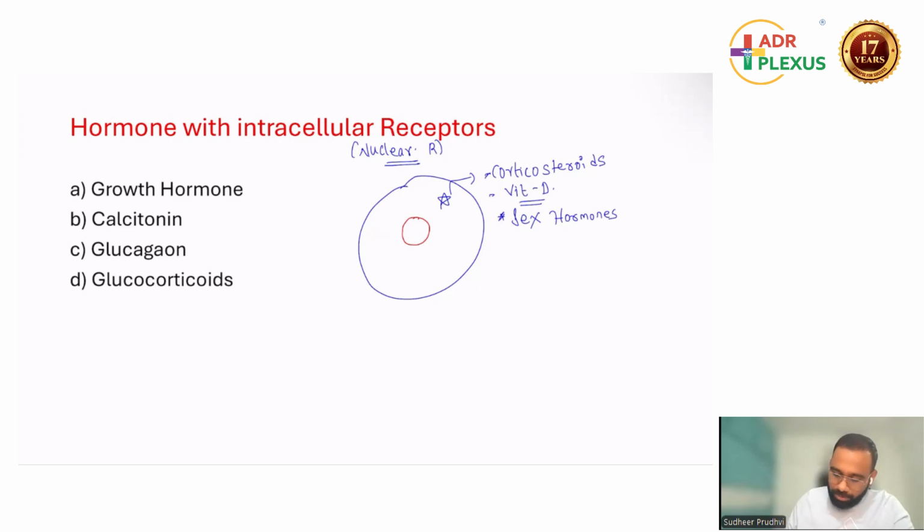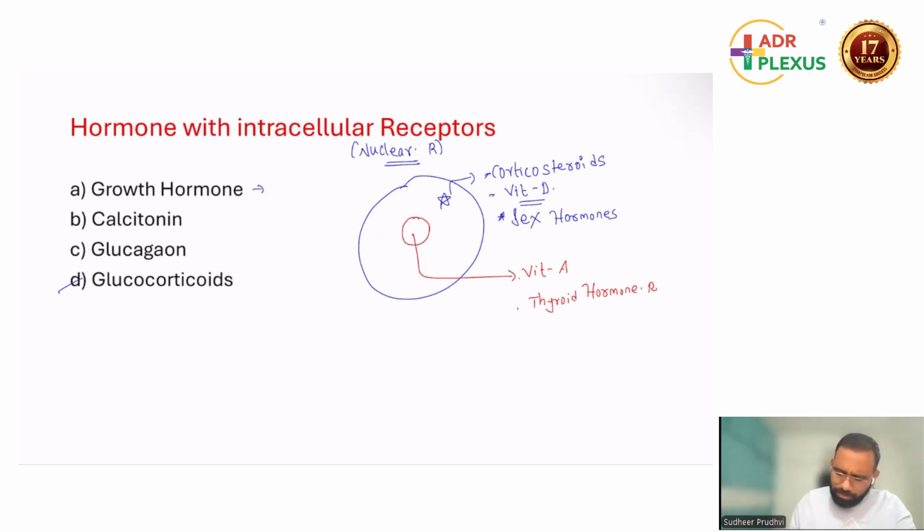And coming to the nucleus, vitamin A and thyroid hormone receptors. Thyroid hormone receptors are present in the nucleus. So that's all about this part. Now we see nuclear receptors, obviously, glucocorticoids. Then what about the other options?